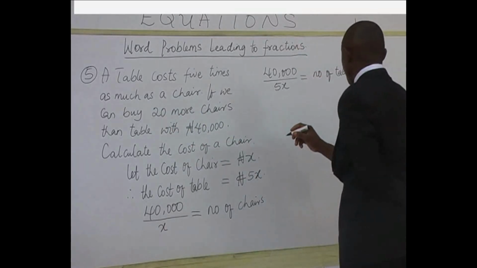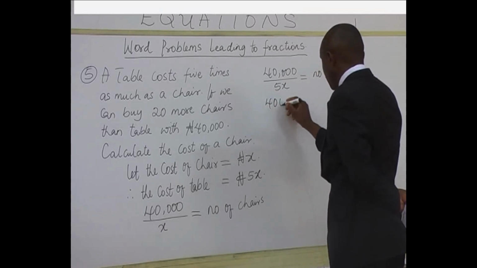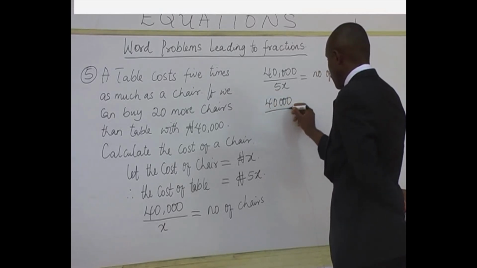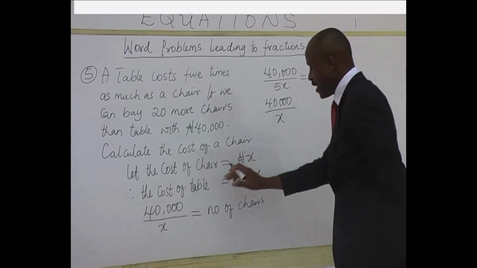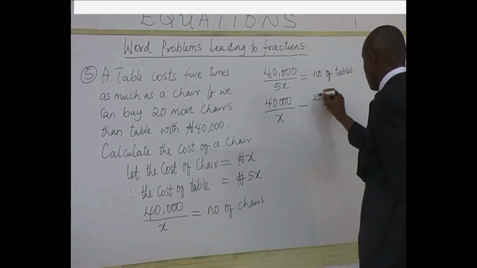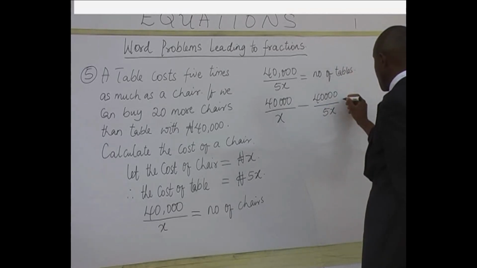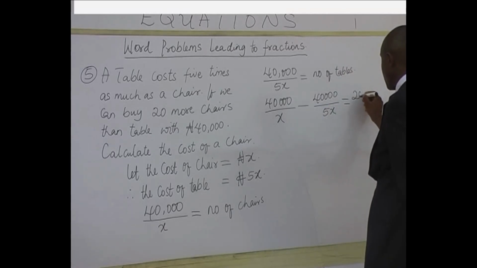The number of shares is 40,000 divided by x. If you subtract 40,000 divided by 5x, which is the number of tables, it is going to give you 20.